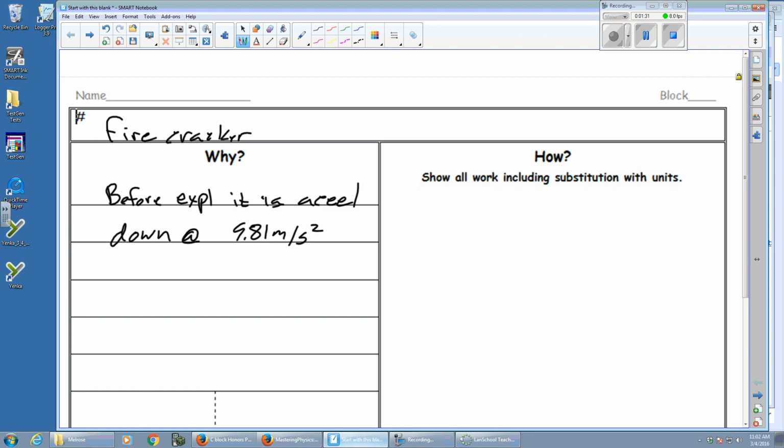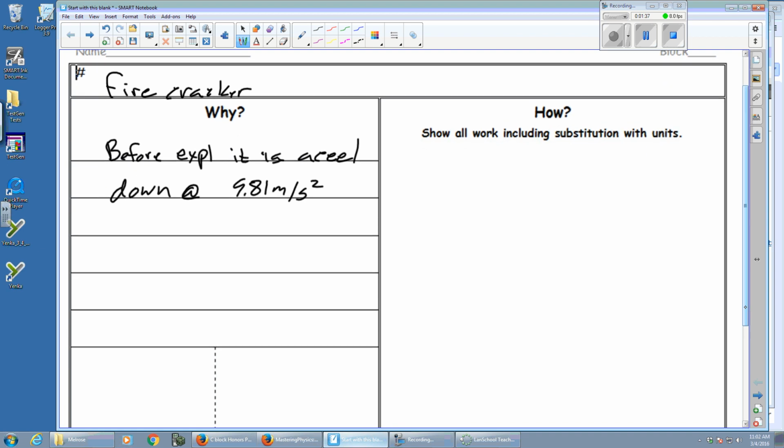What does it mean that it is dropped? What does that tell us? Okay, so after it's dropped, it's in free fall, projectile, excellent.